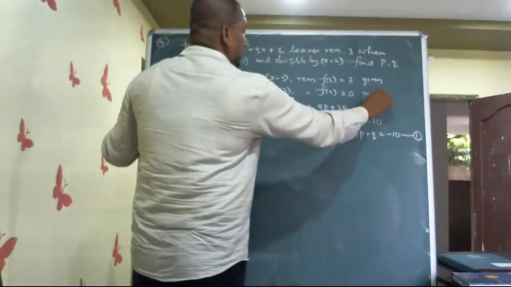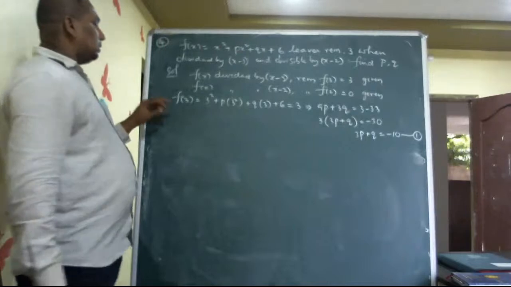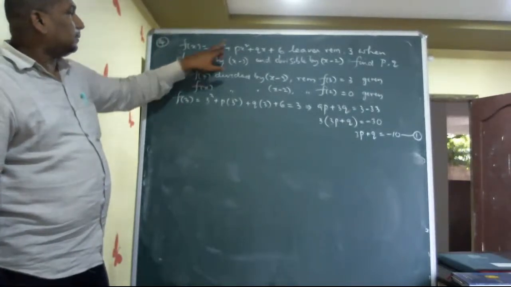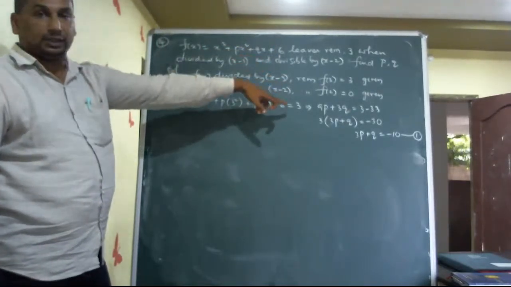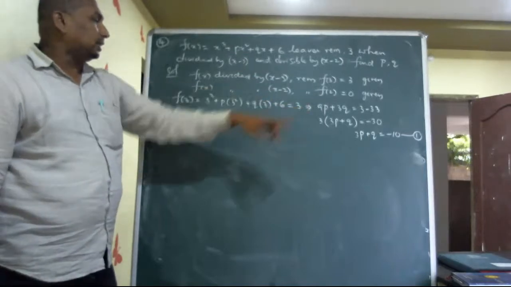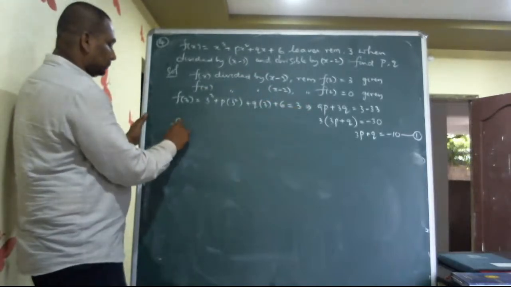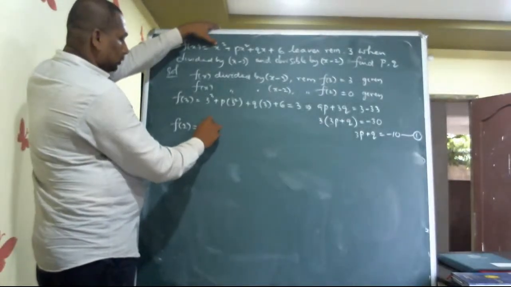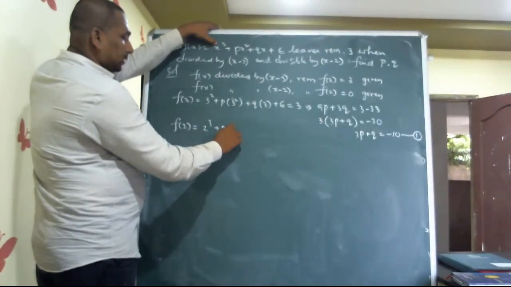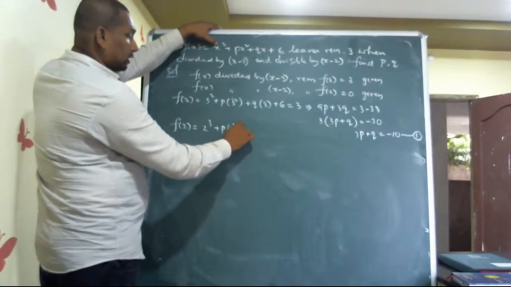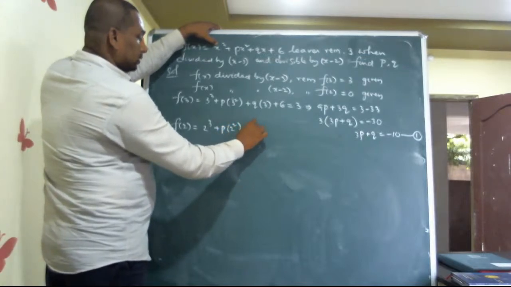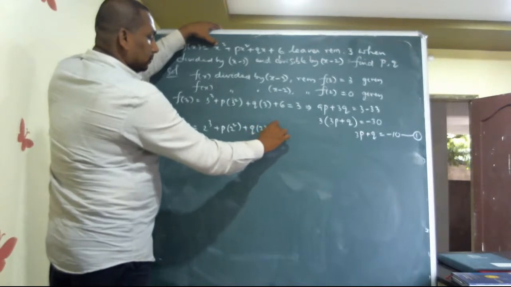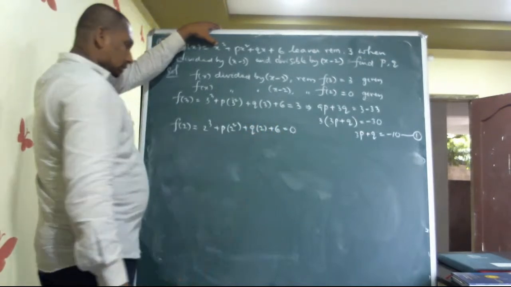Given. Right. Now f(3) = 27 + 6 = 33 plus the other terms, minus 3, 33, already 3 is there, minus 30. Now f(2): 2 to the power of 3 plus p times 2 squared plus 2 times 2 plus 6 is equal to 0.